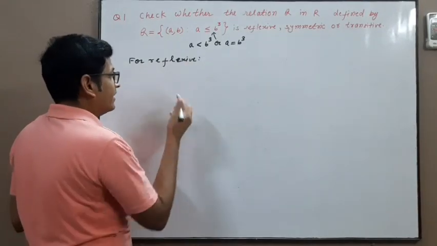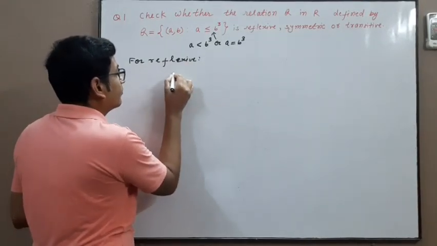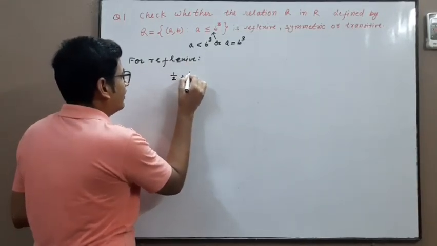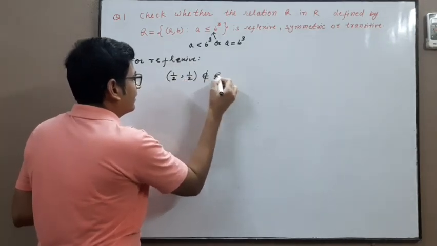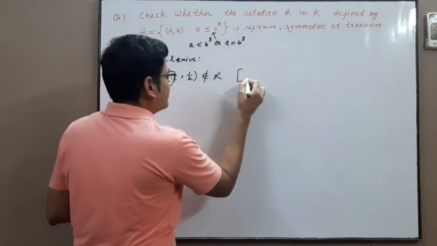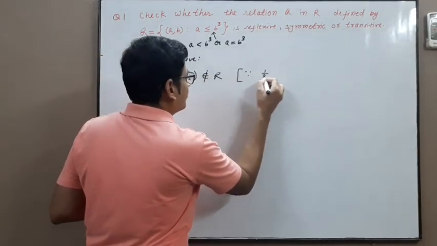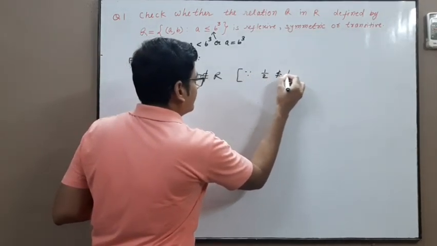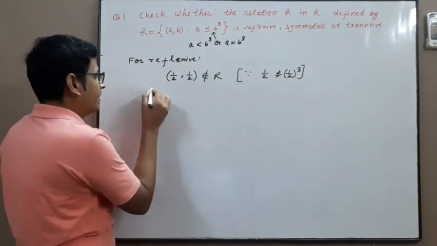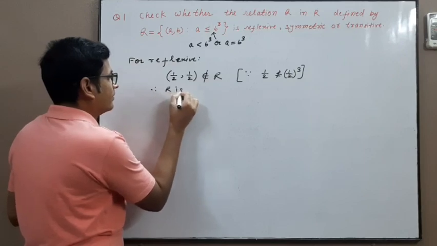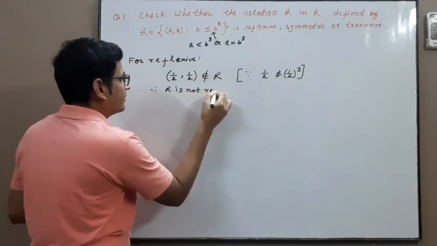So we have a counter example: (1/2, 1/2) does not belong to relation R. Why? Because 1/2 is not less than or equal to (1/2)³. Therefore, R is not reflexive.